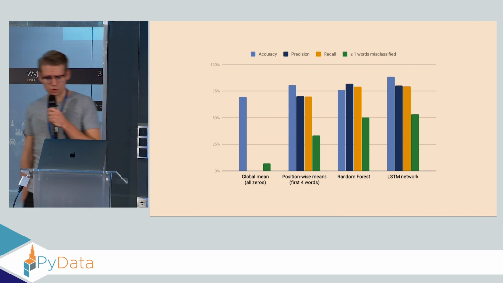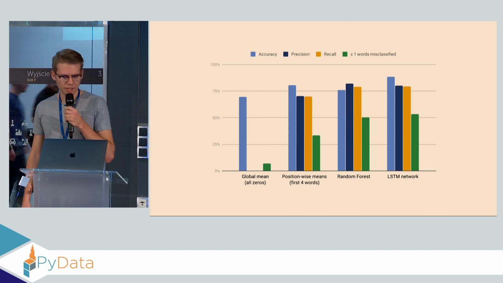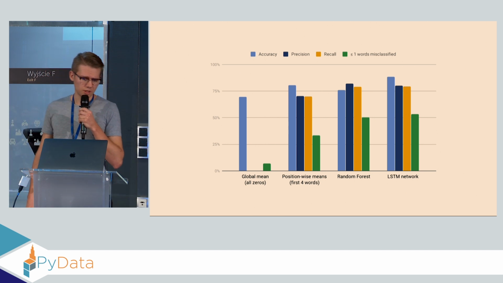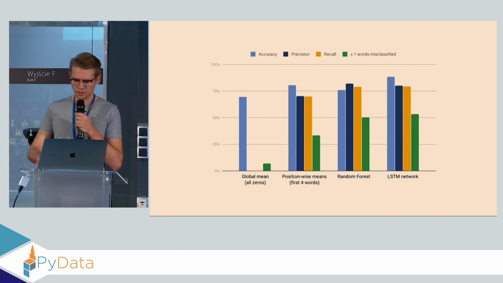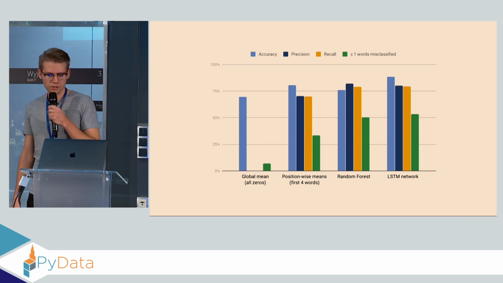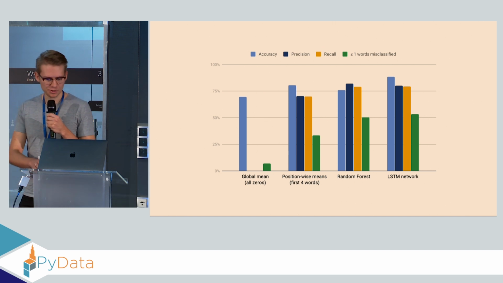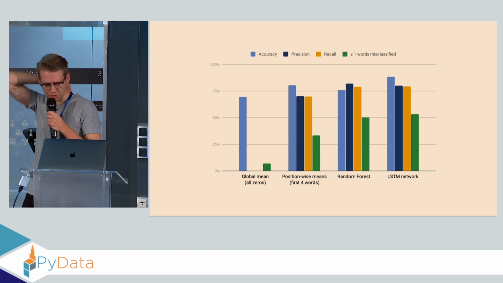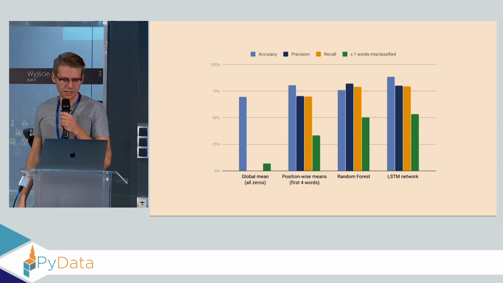So to make a comparison between these approaches, we have the main metrics here. The first one is just a dummy classifier of a global mean, so assuming all zeros. The second one, which actually performed surprisingly well, I think, was position-wise means, which in effect got us to selecting the first 4 words from the offer name. And we got almost, I think, 80% accuracy.